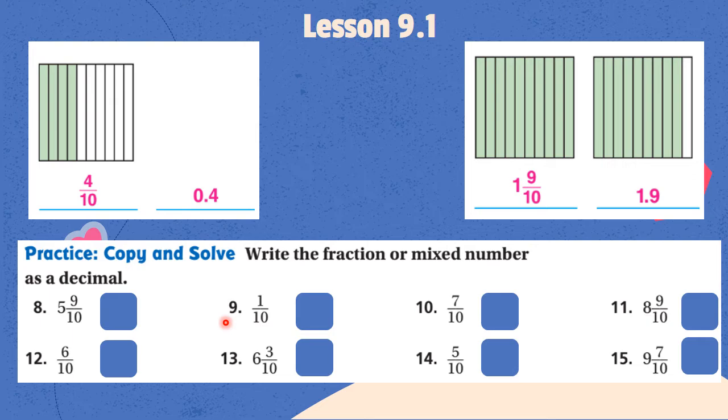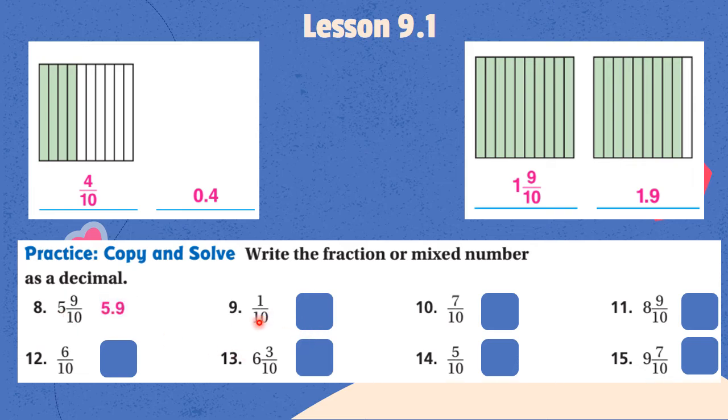In this part, it's really easy. We just want to write the fraction or the mixed number as a decimal. So we have a whole number. You got it. What do I do? I write the 5 before the decimal point. So I have 5.9. Good job.